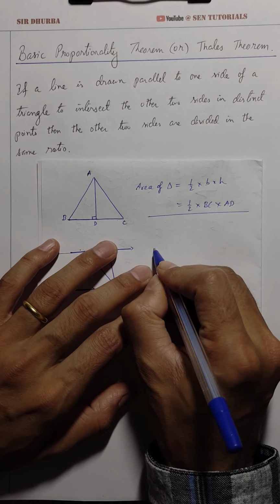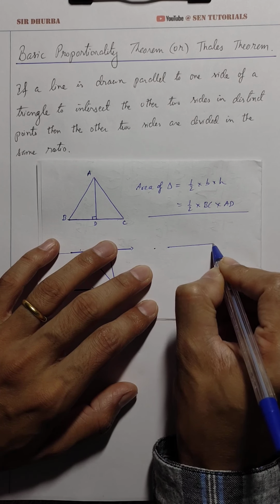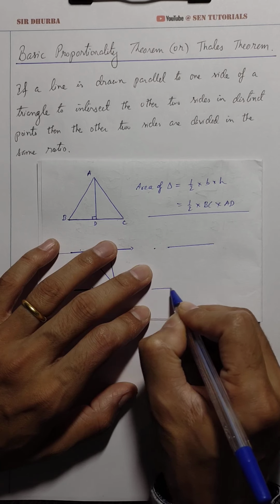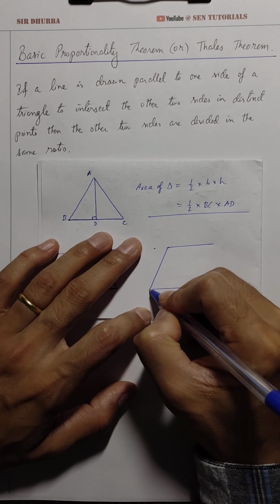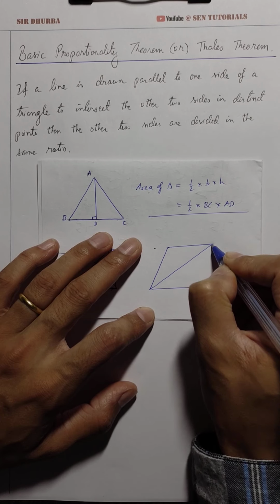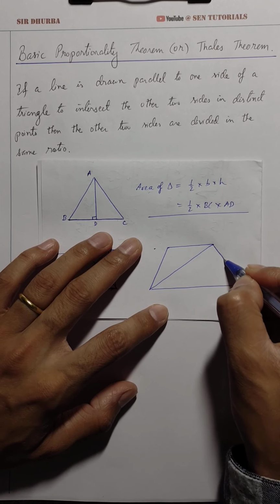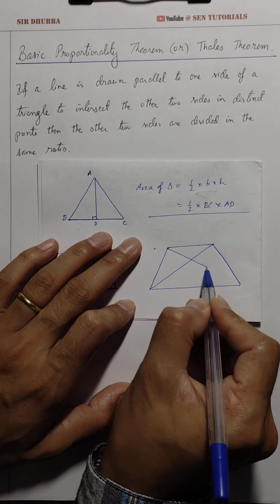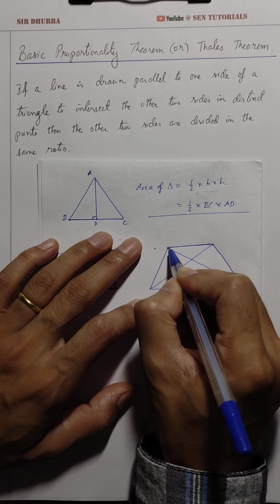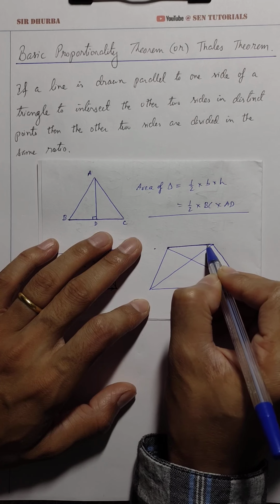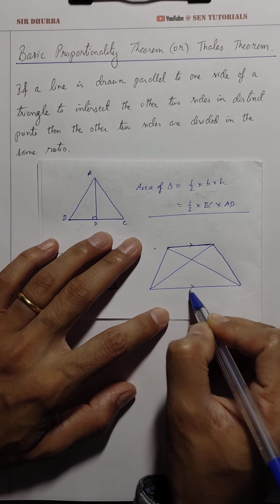Or in other words, I can draw the figure which we'll be requiring here. Suppose you have two parallel lines like this, and maybe this is one triangle. Have a look properly. This is one triangle and the other triangle is maybe something like this. Then also we can see that they share the same base, isn't it? These two triangles share the same base and they are also between the same parallel lines.